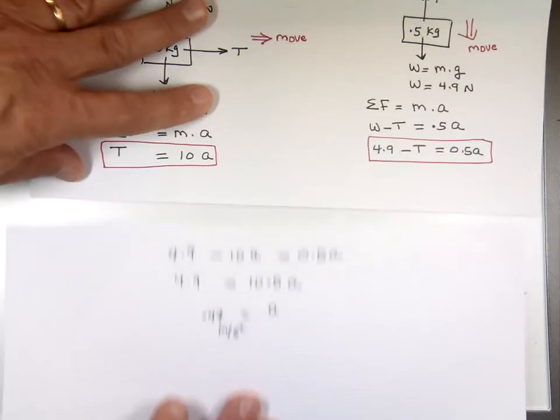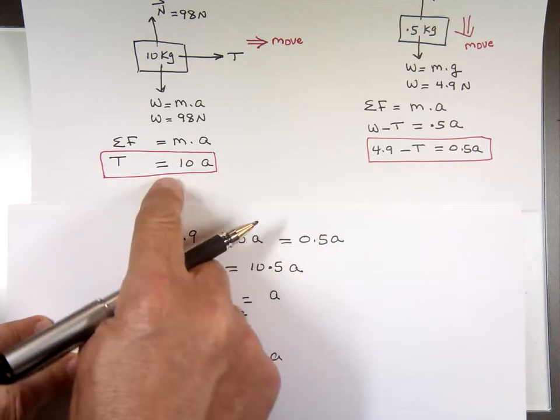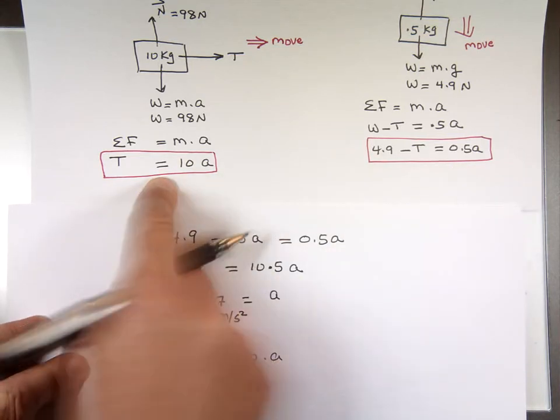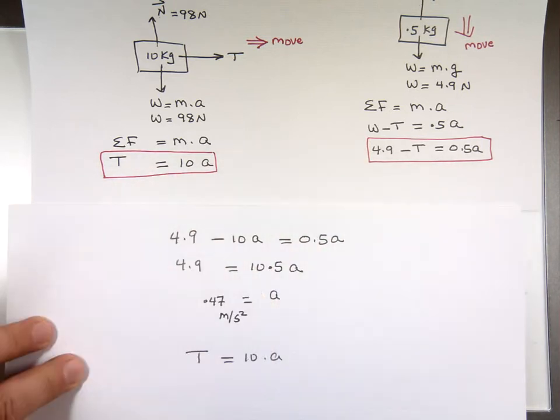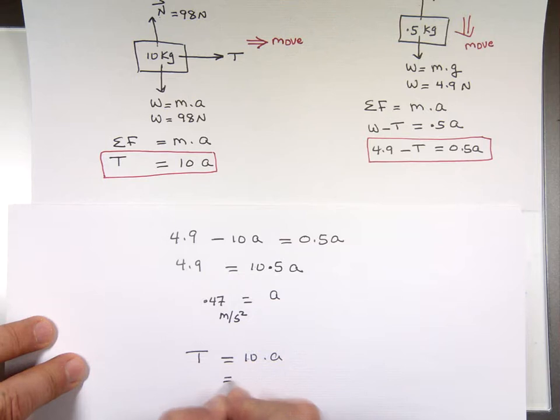Can we get what the tension in the string is? What's the tension? It's 10 times a. Or I can use that one. This is easier to use. Either one will give us the same answer. But since this is easier, I'll use that one. 10 times 0.47, which is what? 4.7 Newton.